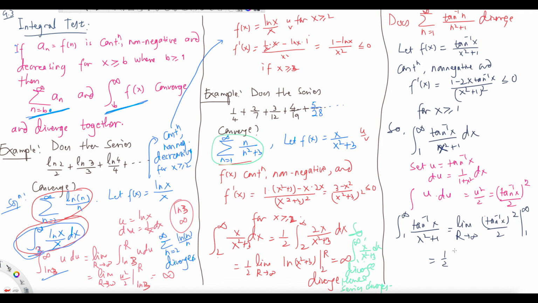You will get tangent inverse infinity, that is pi over 2 squared, that is pi squared over 4, right? And then minus, I pull that 1/2 out, and then plug in 1 here. Tangent inverse 1 is pi over 4, so pi squared over 16. That's what you get. Okay, guys? So if you simplify that, you will get 3 pi squared over 32.